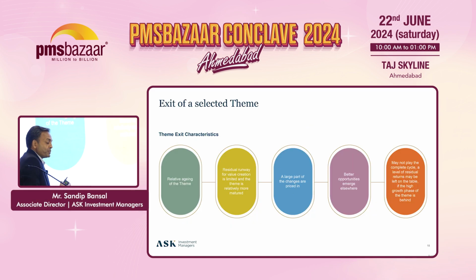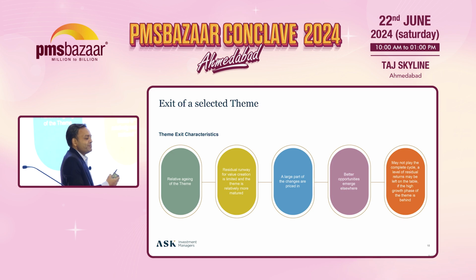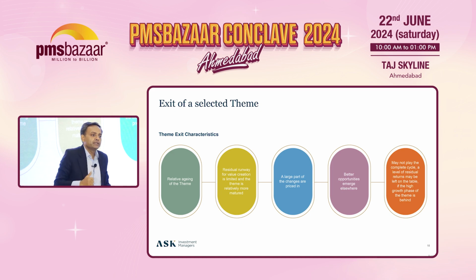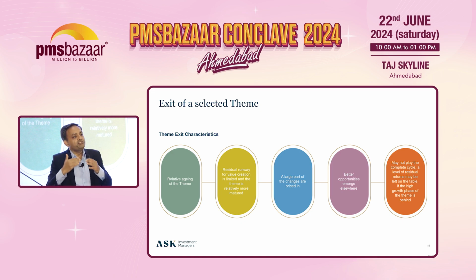Now, how do we exit themes? We've seen how we will enter, but it's just the opposite of the way we select themes. So we are selecting youthful themes because youth is able to run faster, youth is able to run longer. So when a theme ages, we get out of that theme.